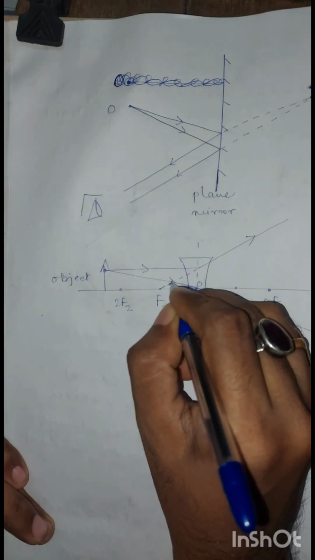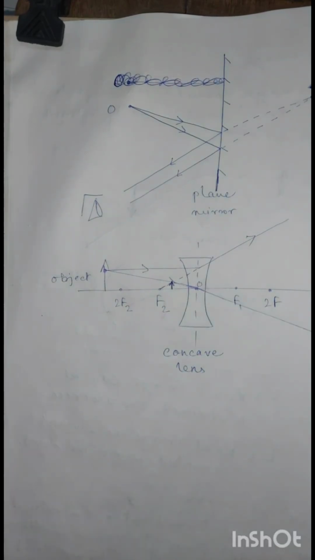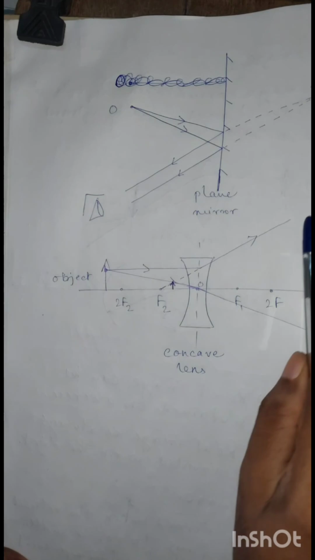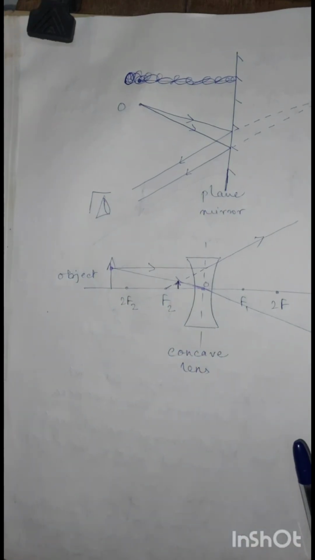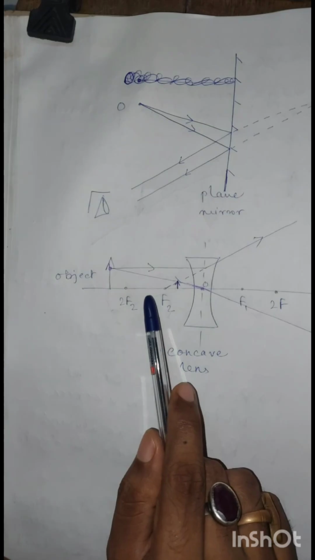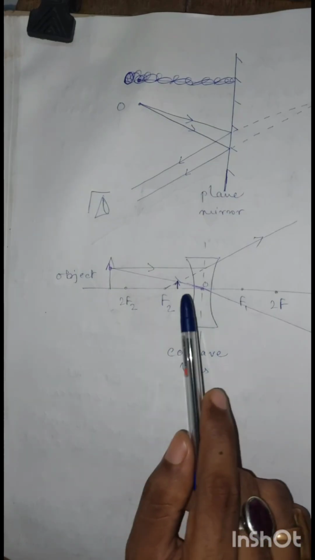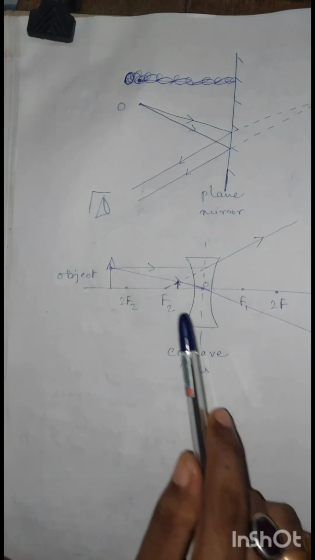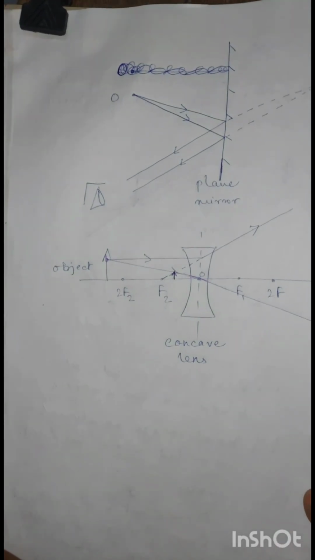So at this point we can get another image which is called a virtual image. These two rays are not getting intersected. We are dragging this ray forcefully backwards to get an image. So this type of image is called a virtual image.